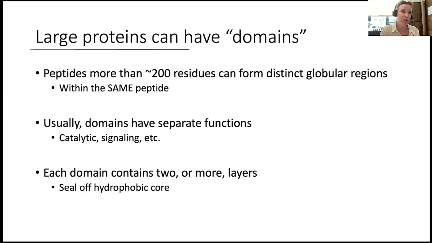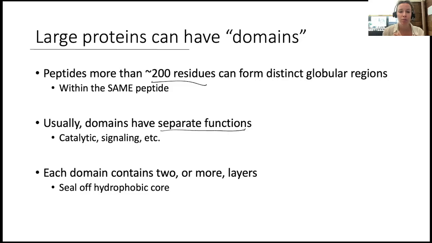So it's a distinct region within an individual protein. If a protein has more than one domain, more than one region, we expect those domains to have different functions. Maybe one of them is a signaling part, maybe one of them is a chemistry part.